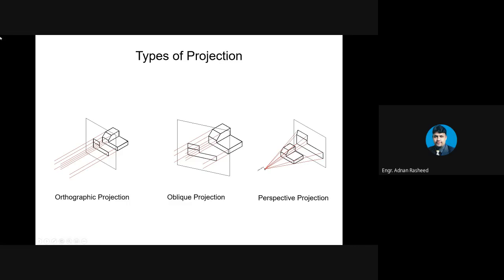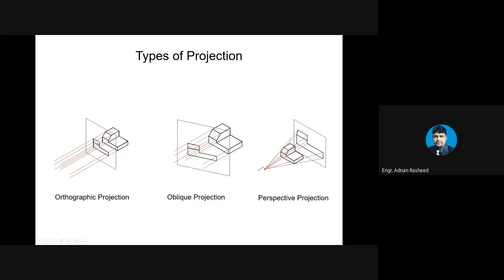So I will try to convey this definition with the help of a diagram. In this first type, orthographic projection, the rays originating from the object and hitting the picture plane are perpendicular.